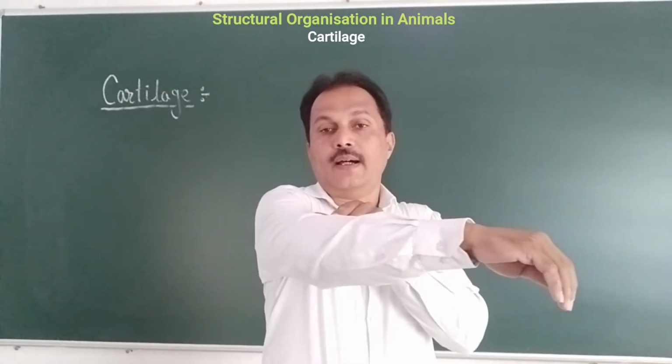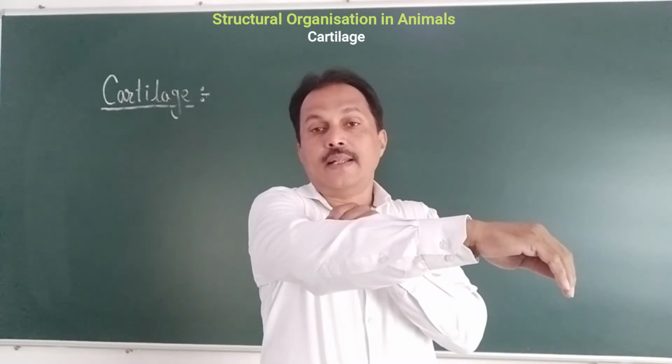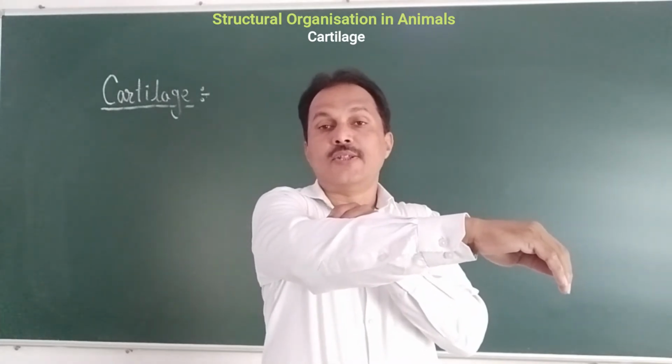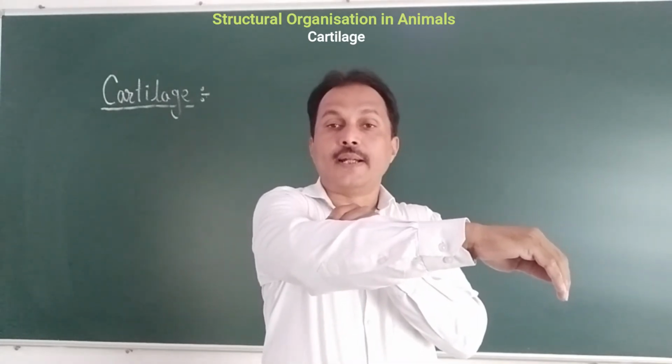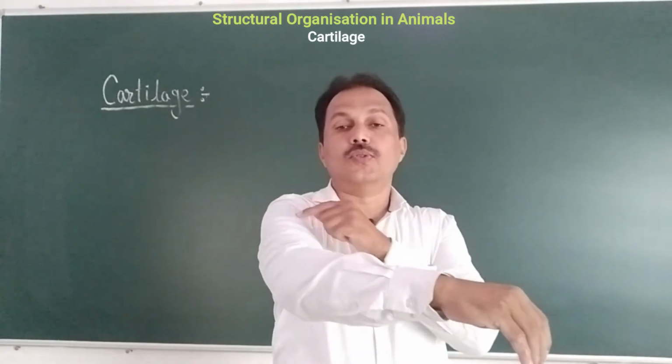So when they are in contact with each other, their cartilaginous tissue is in contact with each other, not the actual bones, because the tips of the two bones are covered with the cartilage just in order to avoid the friction. So this is the cartilage we are talking about.